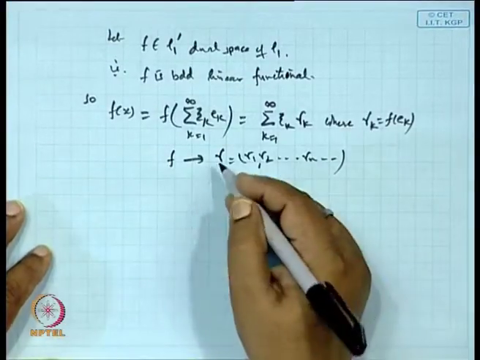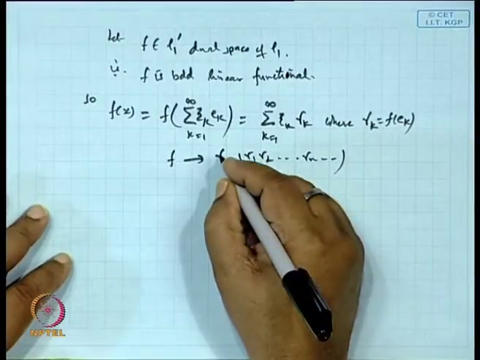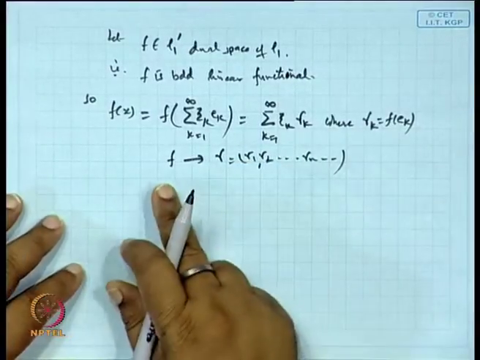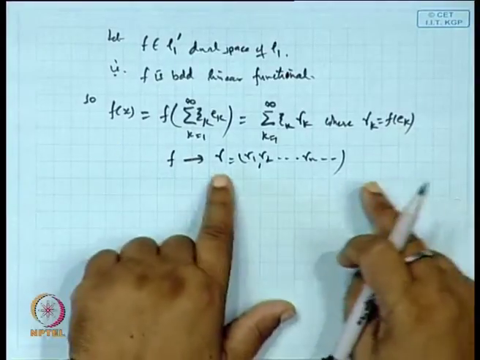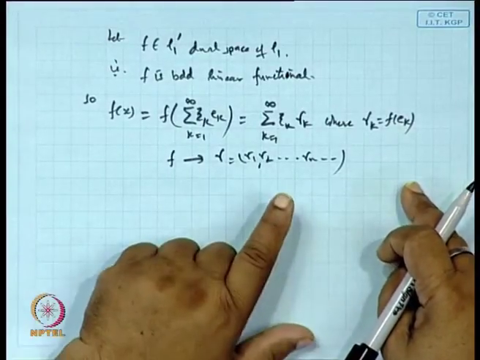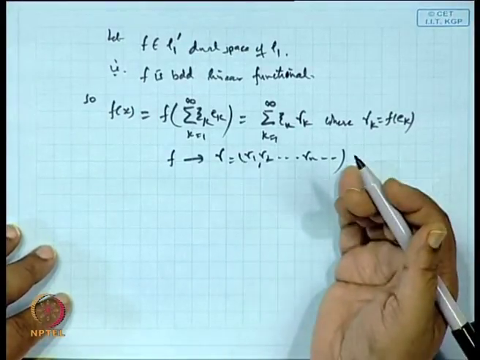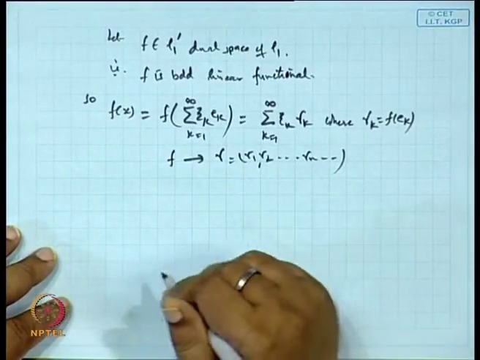So, for each f we can identify the gamma. Is it okay? Clear? What is this? Whether it belongs to L infinity or not, that is to be identified.